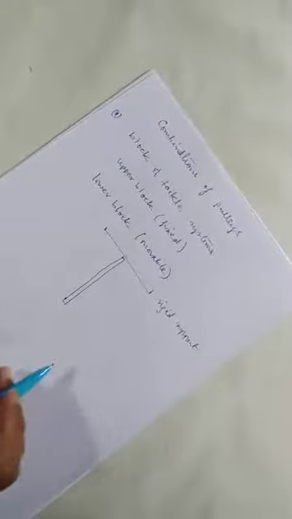This is a rigid support, and I will take one block. This is a very rough free sketch diagram, so please ignore the diagram and concentrate on trying to understand the concept.